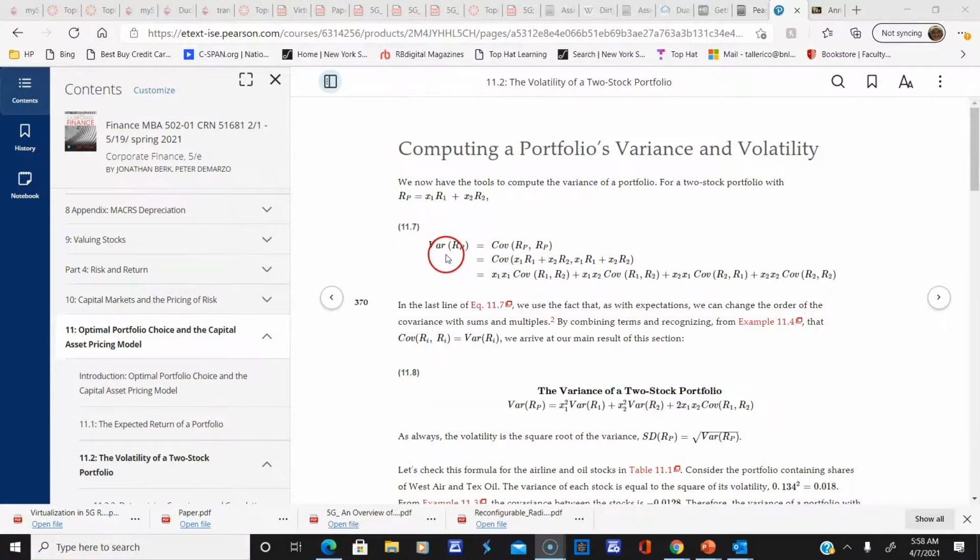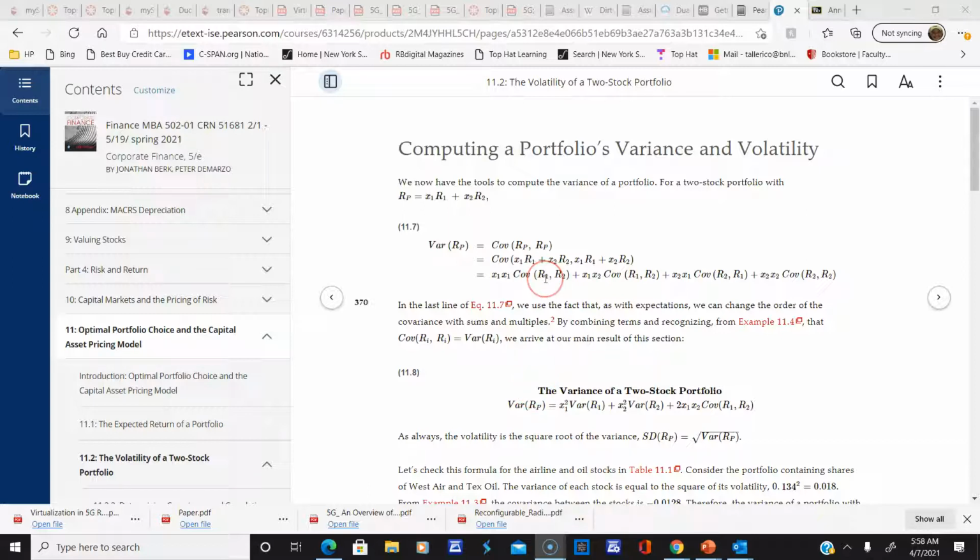I showed you that example, and what I wanted to show you is we now have the tools basically to compute the variance of a portfolio for two stocks. So you saw that. So the variance of a two stock portfolio, okay? So we're talking about portfolios now, is simply this equation right here.